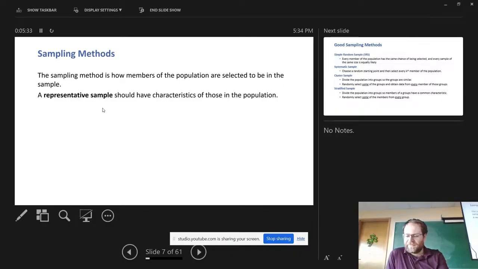Now, the idea is that there are many ways of selecting samples. Each of them has its pros and cons. But the idea is that the sample you collect should be representative of the entire population.